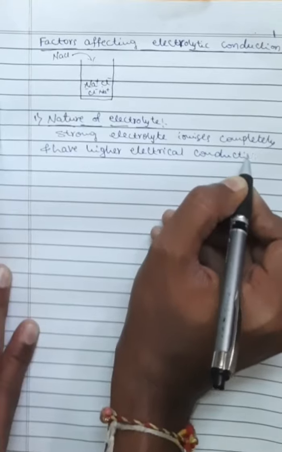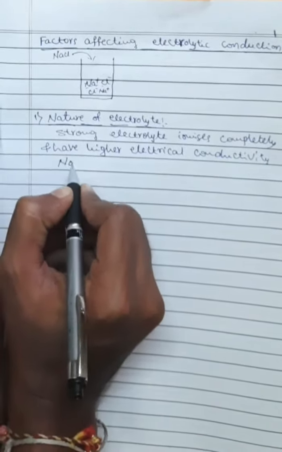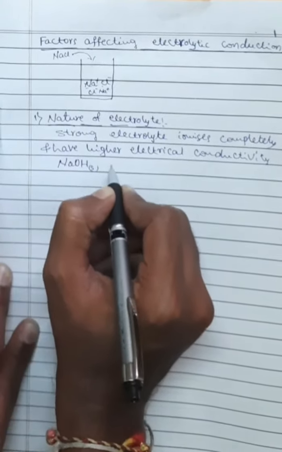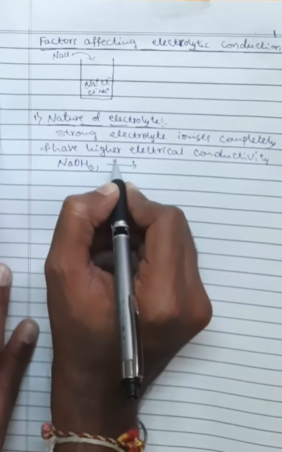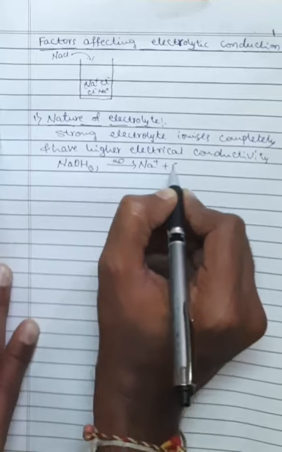For example, sodium hydroxide: when it is dissolved in water, it becomes Na+ as well as OH-.